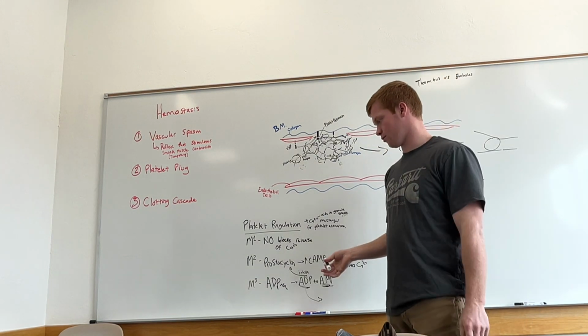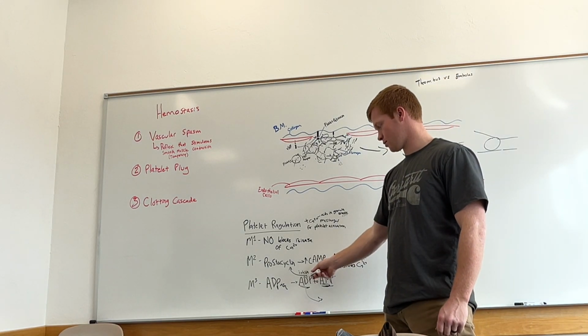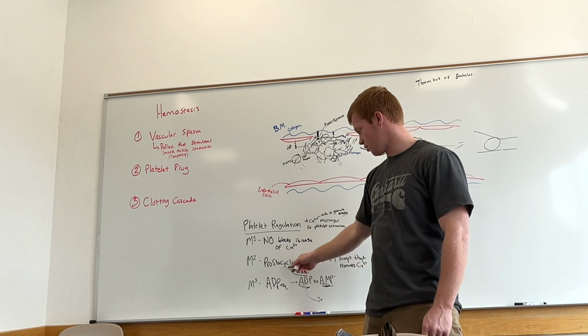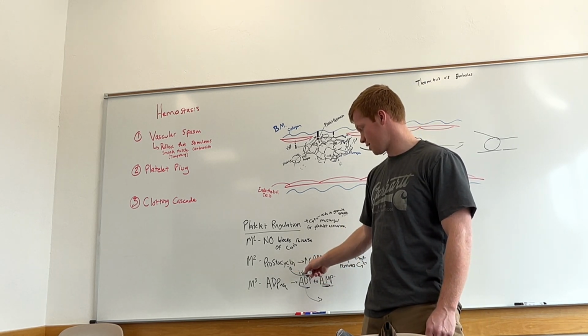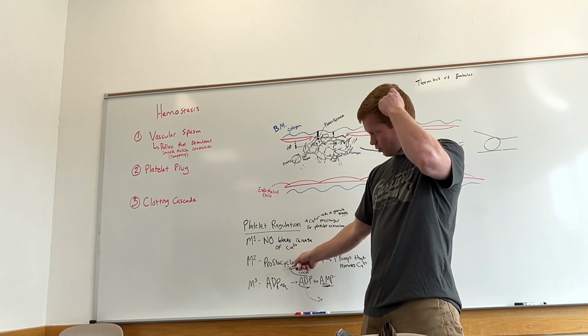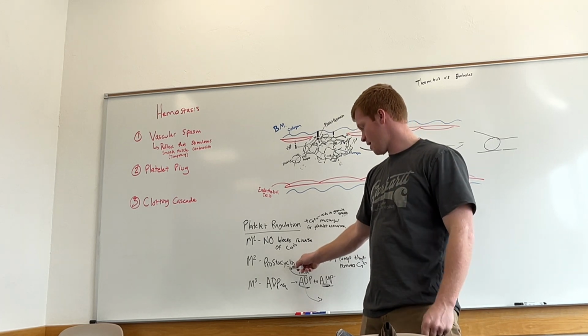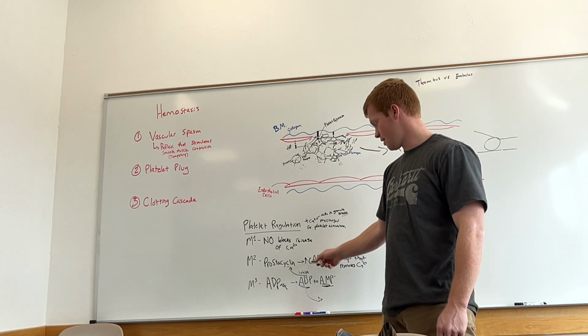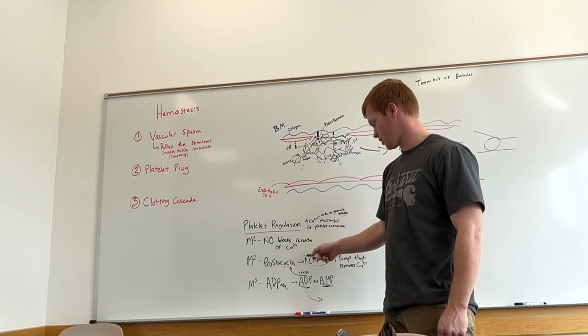Because also, what is kind of cool, ADP on the cell goes and inhibits prostacyclin. And if prostacyclin's inhibited, there's not going to be the release of cAMP through that G protein.